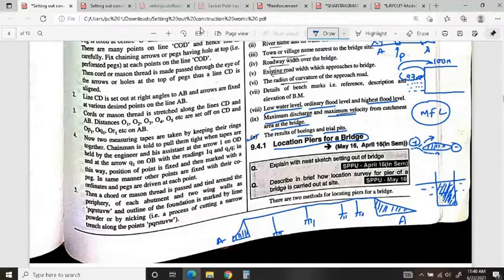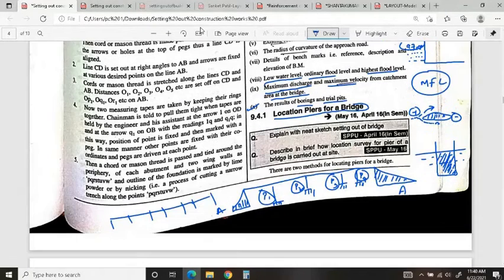If you see any bridges, they will write P1, P2, P3, and P4. Or in flyovers, you can see P1, P2, P3, P4 like this. Even in the construction of the metro, they have given names to the pillars or piers. So these are the piers. Intermediate supports are the piers.